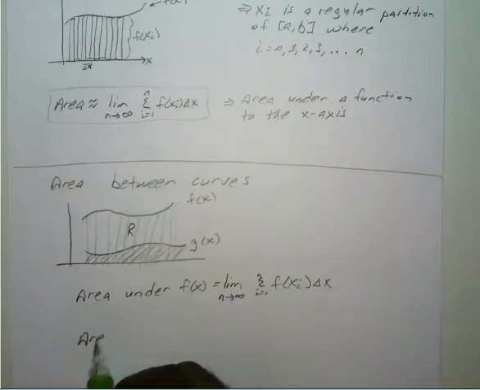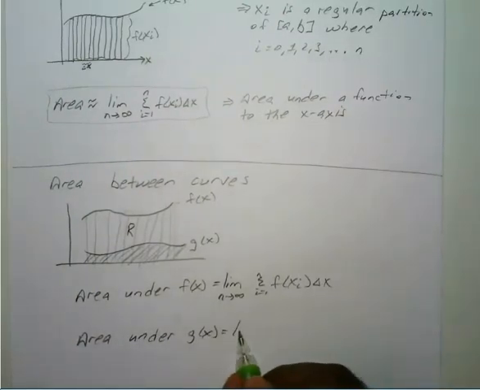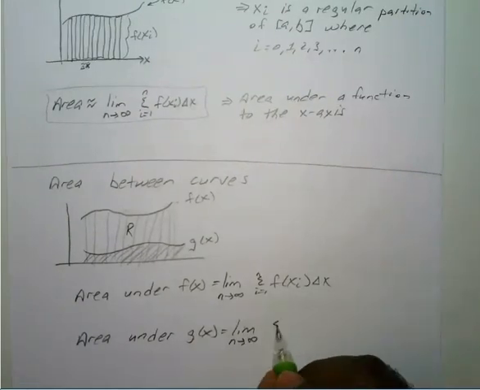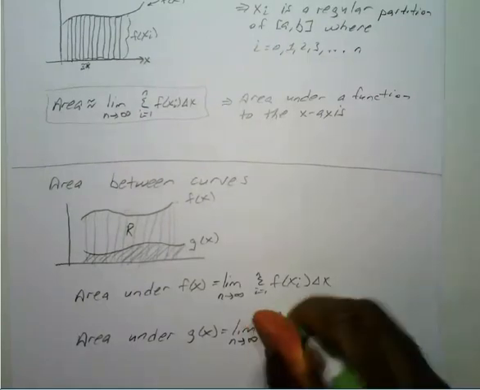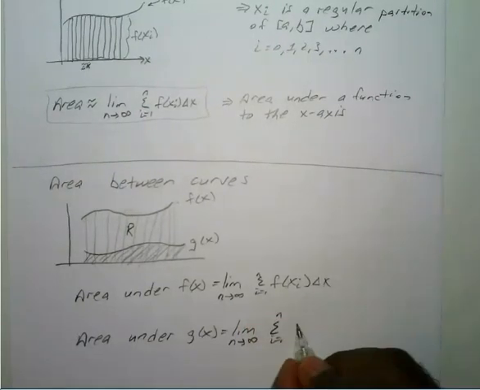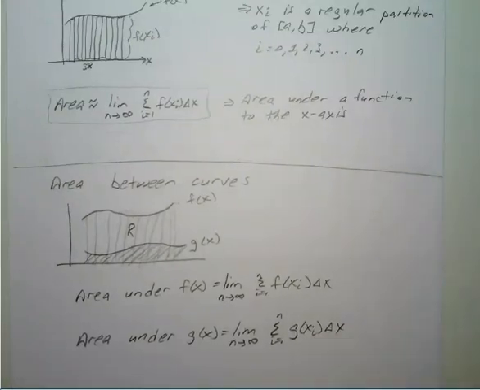And we have our area under g of x, which is equal to the limit as n approaches infinity of the sum from i equals 1 to n of g of x sub i delta x.